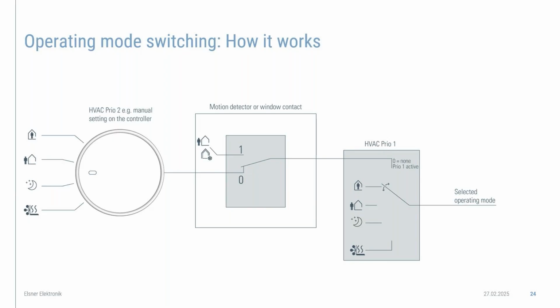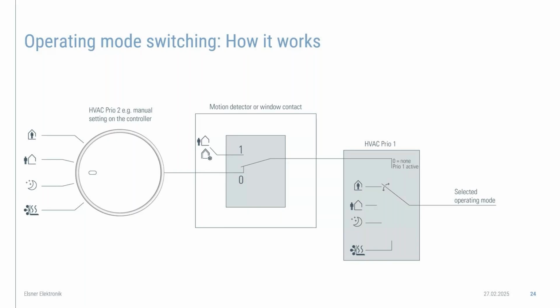So if the window is now opened, the window contact switches to the operating mode, for example, frost or protection mode. If you remember beforehand, you have different temperature thresholds for the different HVAC modes. So for example, the comfort mode could be set to 25 degrees in the room, and the frost or building protection mode could be put down to 12, 15, 16, 18 degrees, something like this.